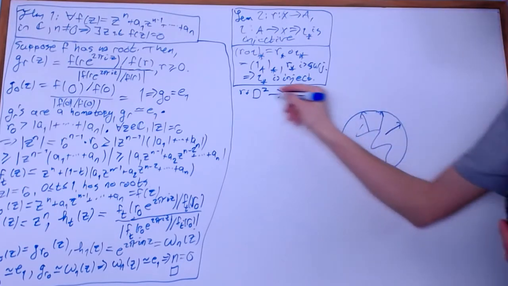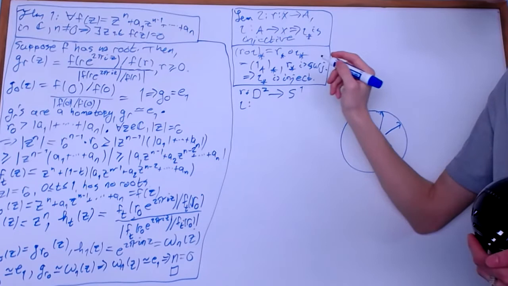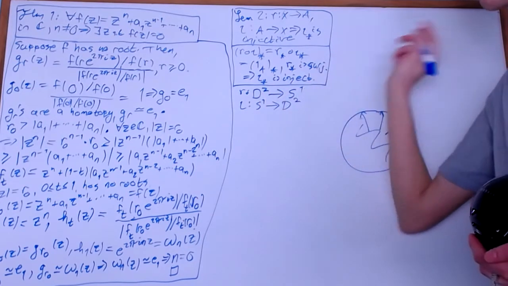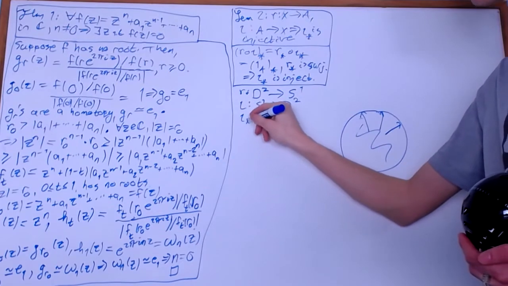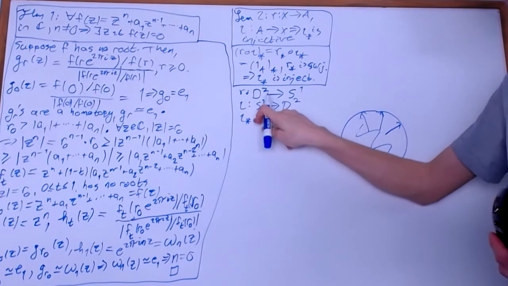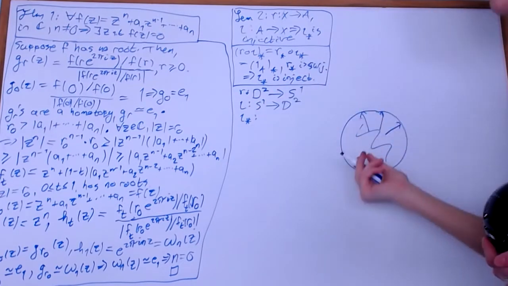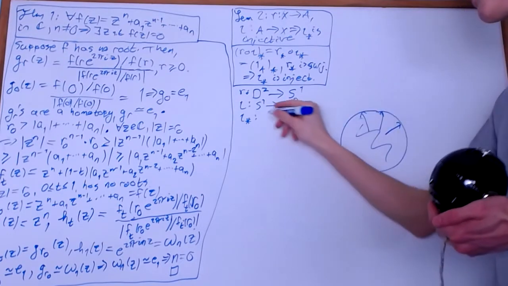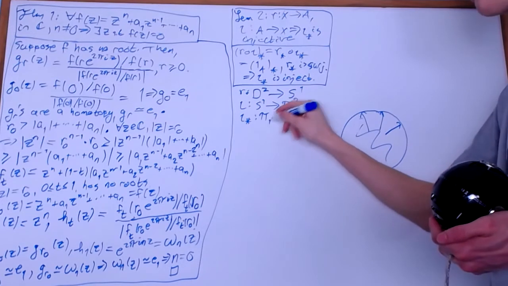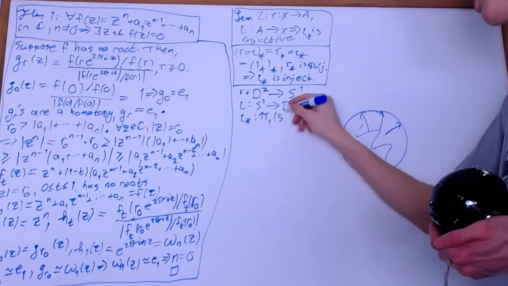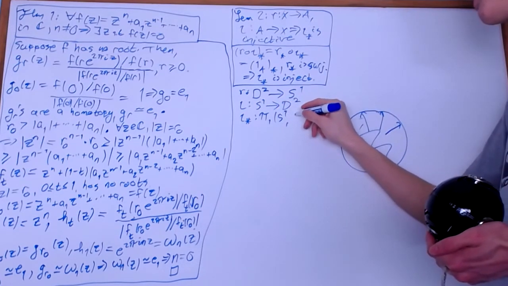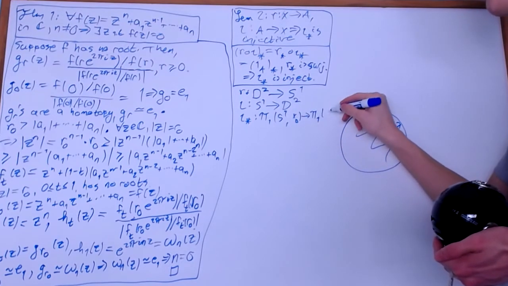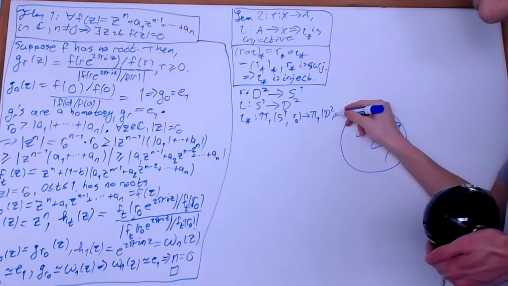And the reason why is because the inclusion, iota, from S1 into D2, what do we have? Well, we have iota star is going to be a map that takes you between their fundamental groups. That's by the definition of the induced homomorphism. This will be from the fundamental group pi 1 of S1 at some point into pi 1 of D2 at some point.